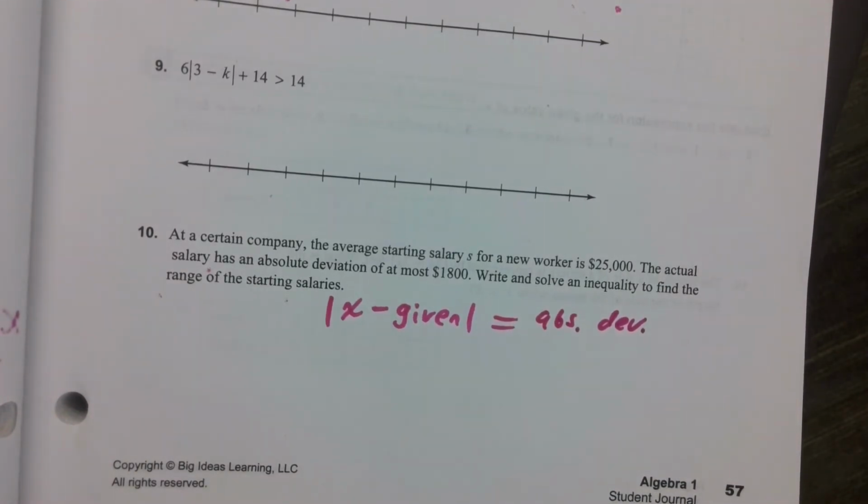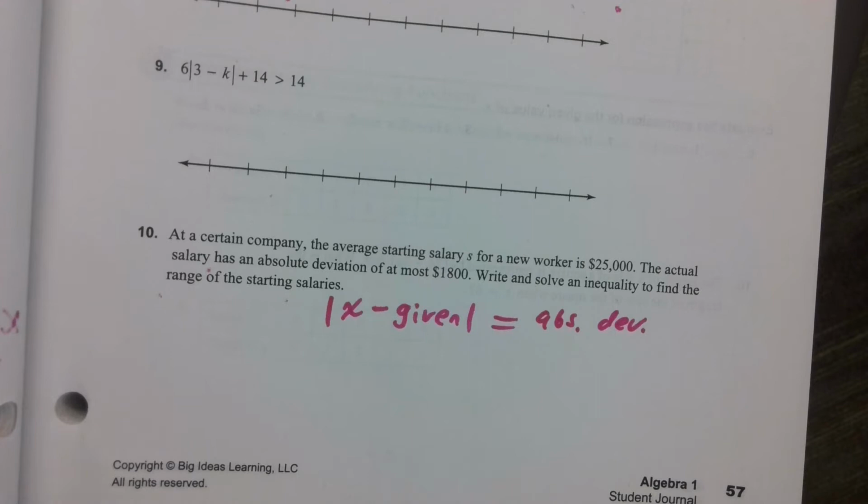In these types of problems, keep in mind that this equal sign is probably going to change into a less than or a greater than or less than or equal to or greater than or equal to based on the problem. Based on the problem, we can tell what this symbol is supposed to be.